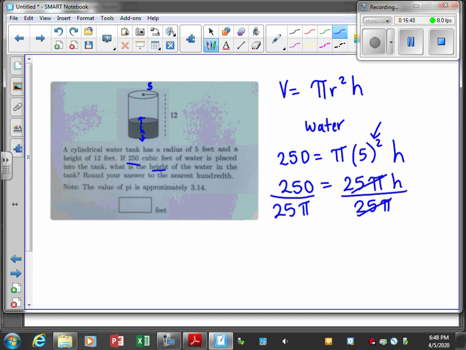When that cancels, we'll have h by itself. So h is just going to be, that'll reduce, 250 divided by 25 is 10 over pi. Now just go put that in the calculator. 10 divided by pi, and you're going to get approximately 3.18 if you round it to the hundredths place. So go to the calculator, put 10 divided by pi, and it's going to give you approximately 3.18.